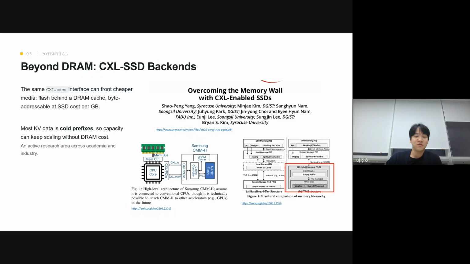This is a good fit for workloads with a lot of cold data, while hot data stays in the DRAM cache and cold data sits in SSD, and they are all reachable with standard memory instructions. Capacity can easily scale to multiple terabytes by using SSDs behind it. This is an active research area in both academia and industry, so I put some papers using CXL with an SSD backend.